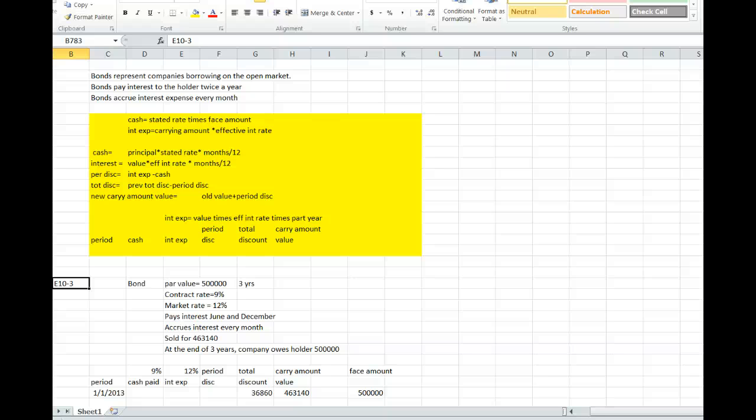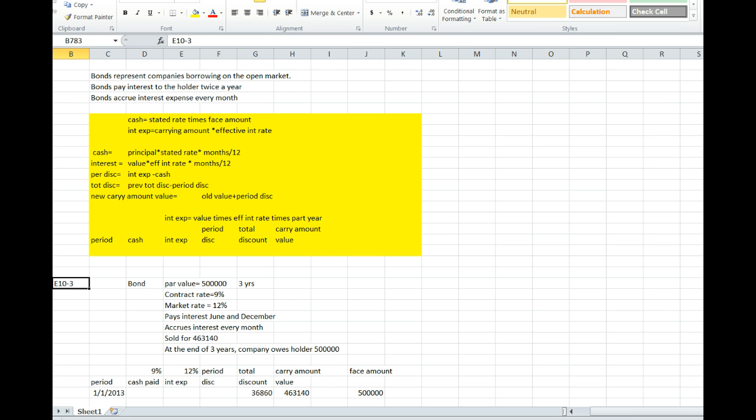So the cash paid is always going to equal the stated interest rate on the bond times the face amount. For this particular bond, it's always going to be $500,000 times 9%, which is what the company says they'll pay, times half a year, because they're going to pay twice a year.